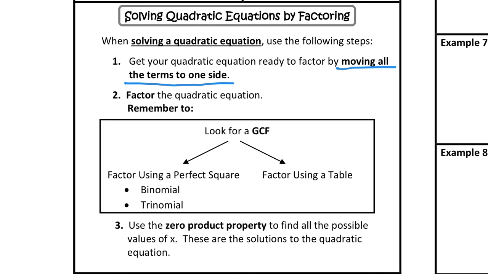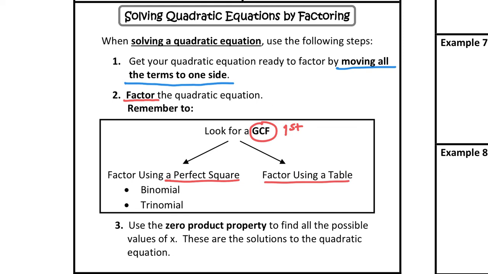Then step 2, factor. Remember, when we're factoring, we can look for a GCF first. Check to see if there's any GCF first. Then check to see if it's a perfect square trinomial or a difference of squares, or if you can use the table.